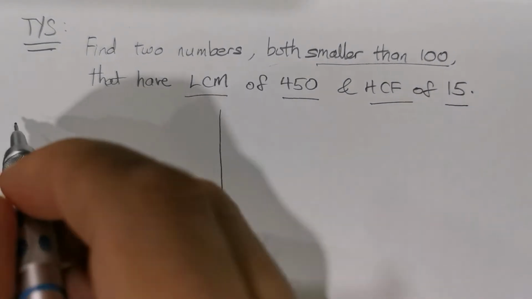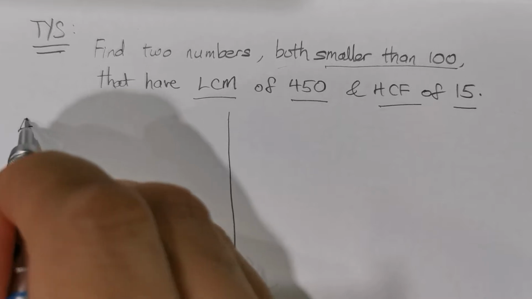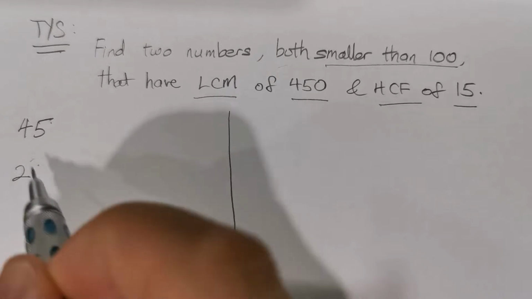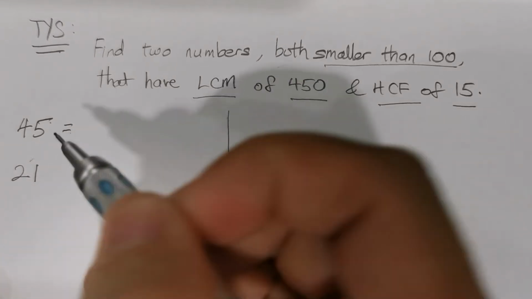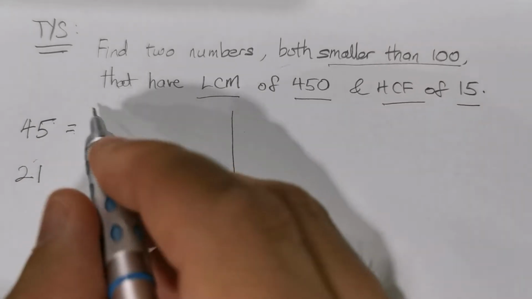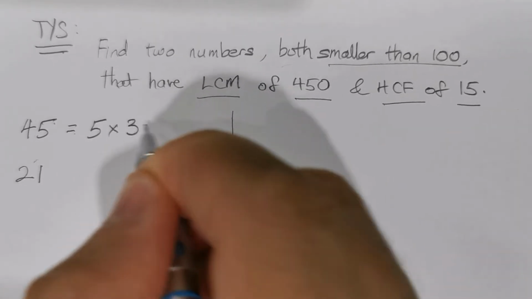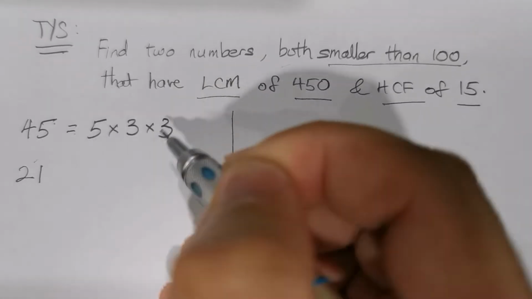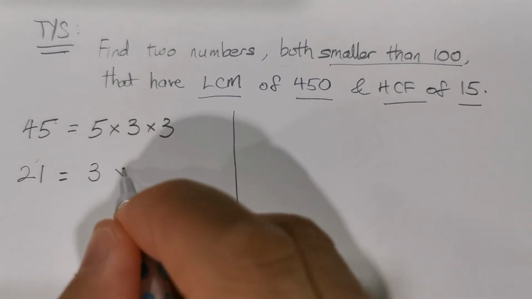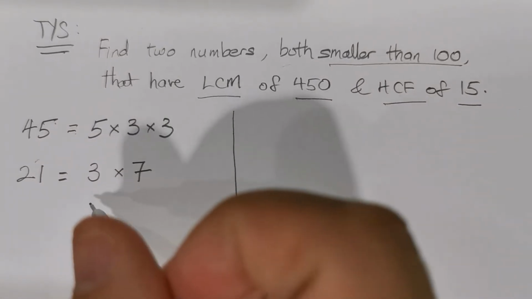For example, if the first number is 45 and the other number is 21, we take 45 and break it up into prime factors, which is 5 times 3 times 3. And 21 will simply be 3 times 7. Do note that all these numbers must be prime.